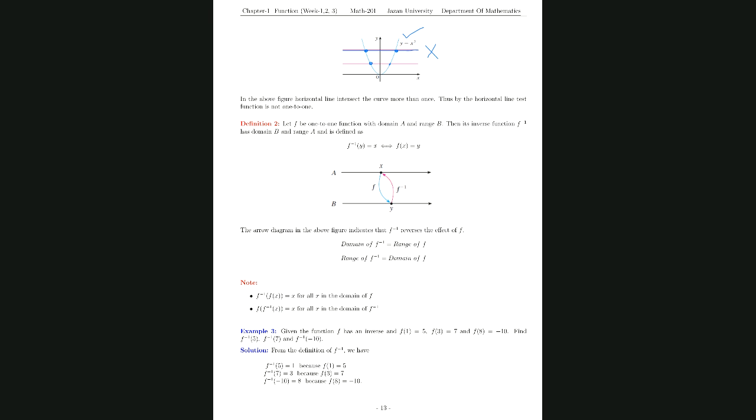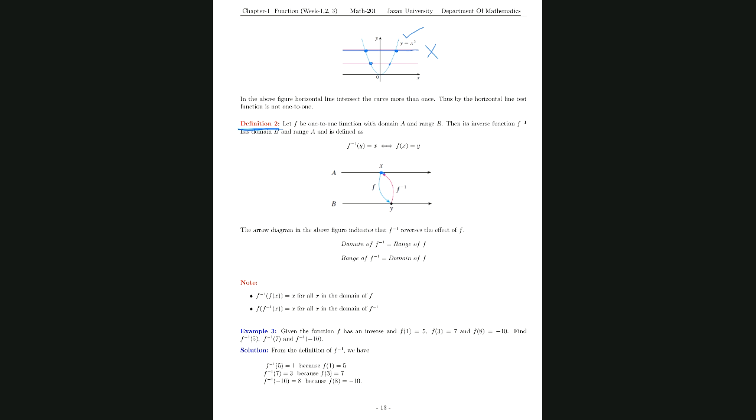Now come to definition number 2, right? See this. Here is x, this point x, this input and this output.